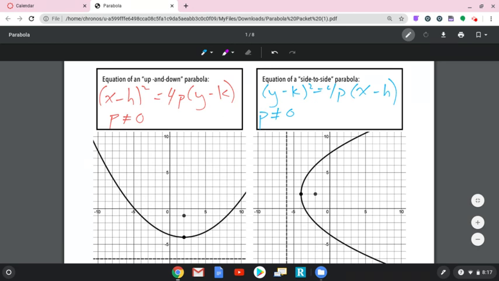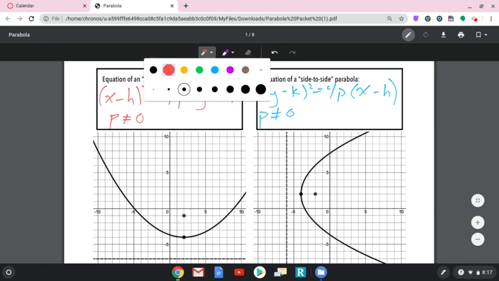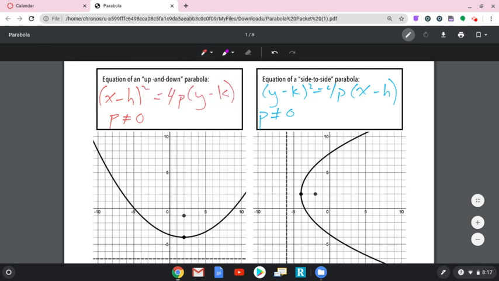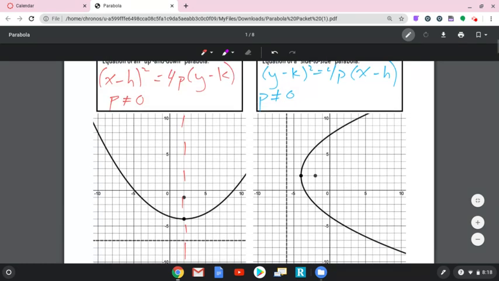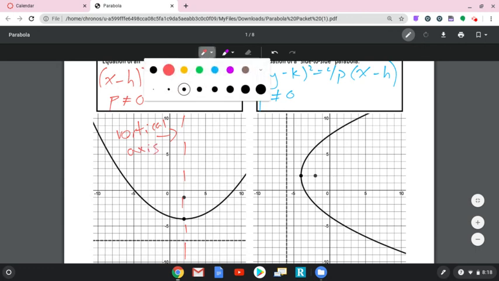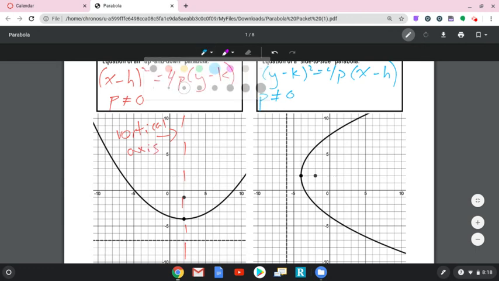Our first one here will have a vertical axis of symmetry that goes through the focus and the vertex. This is our vertical axis, while over here, we will have a horizontal axis.